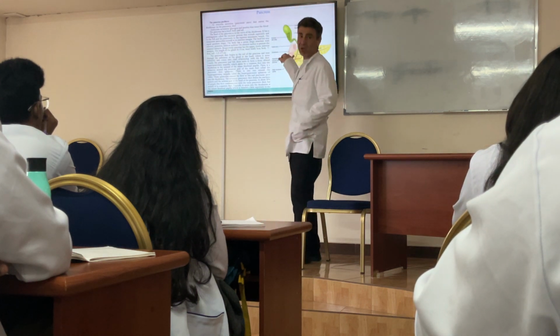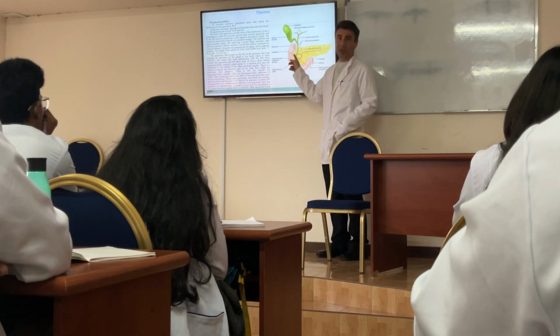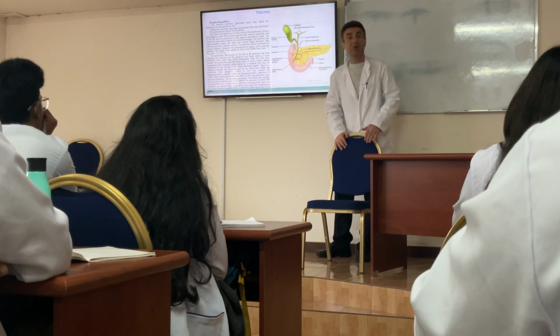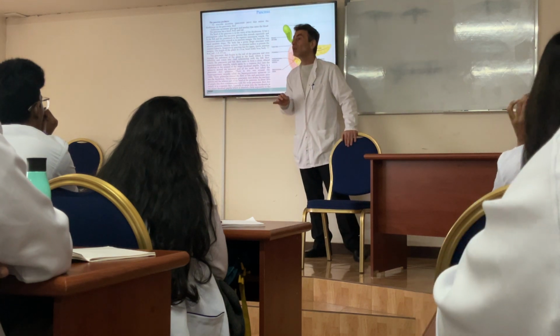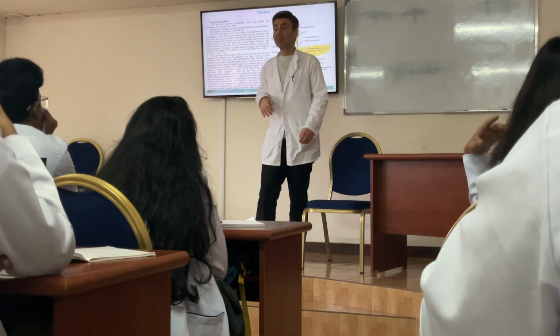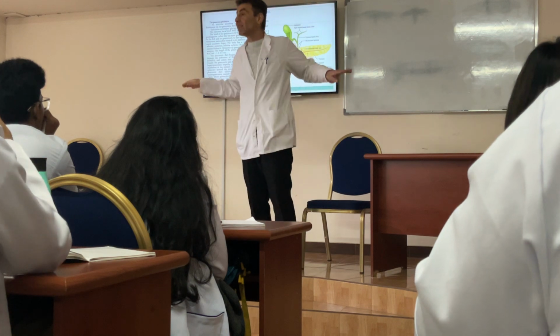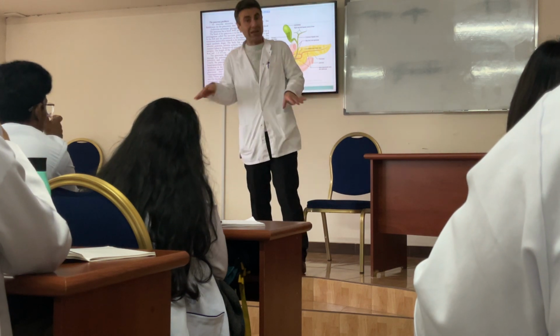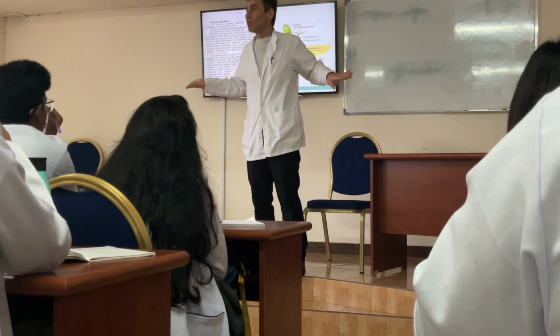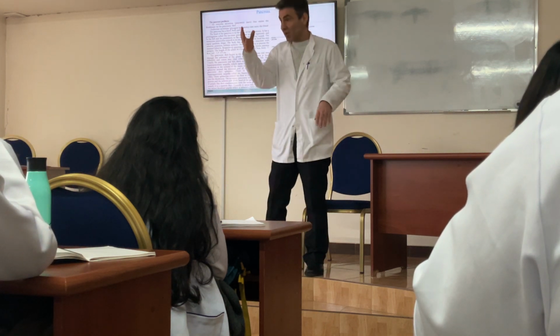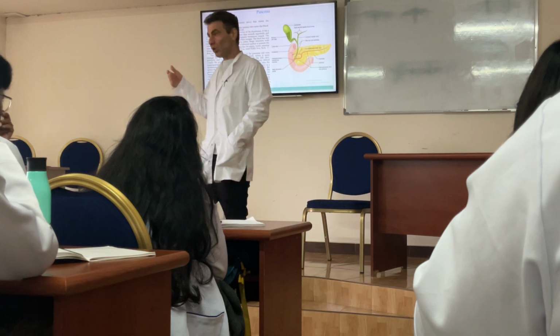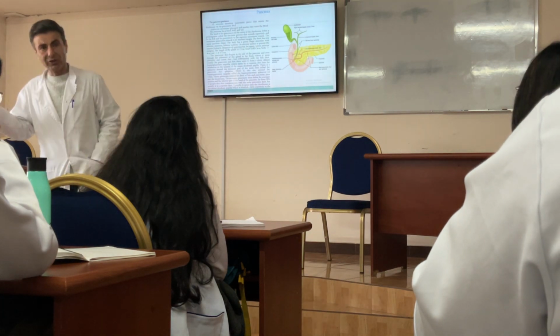This accessory one usually opens 2 centimeters above, in the papilla duodeni minor, and it opens here alone. By the way, this duct in 20% of cases can be completely absent, and in that case the pancreas has only one main duct without the accessory one. That's about the physiology of the pancreas.